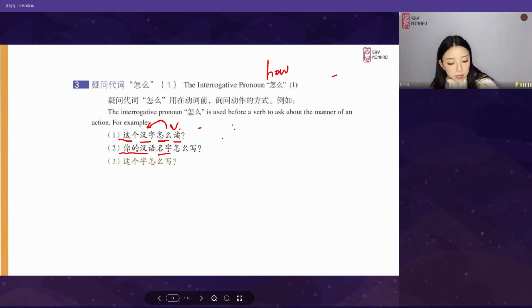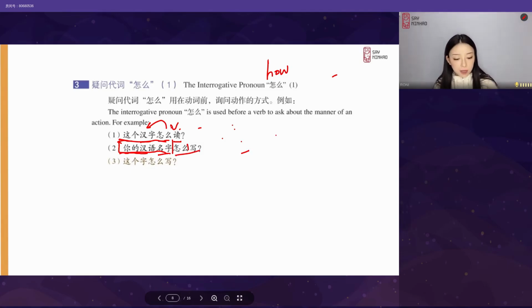你的汉语名字. 汉语名字 means Chinese name. And 你的汉语名字 means your Chinese name. Okay, this is the subject of this whole sentence. And let's see, 怎么写? How to write. 写 is write.